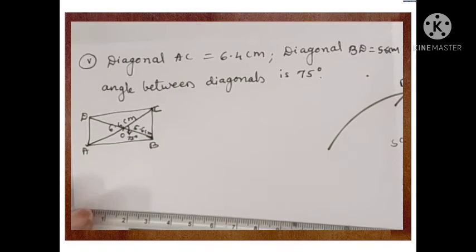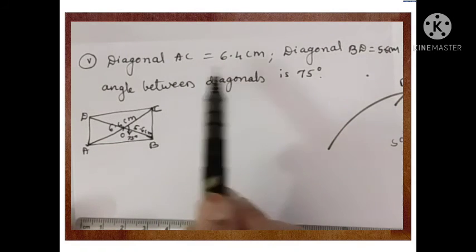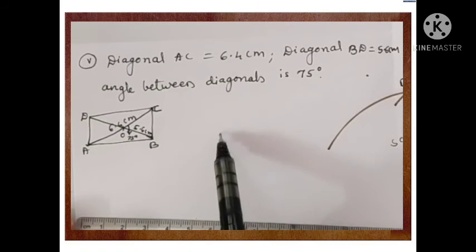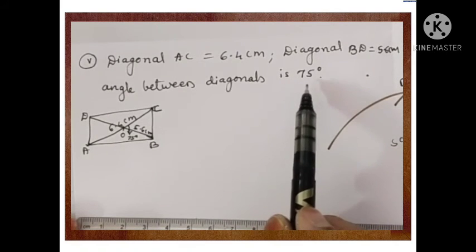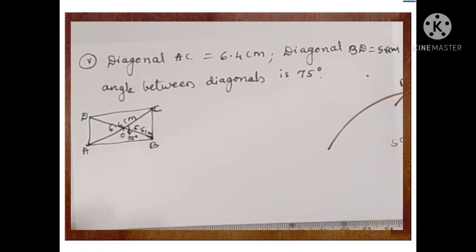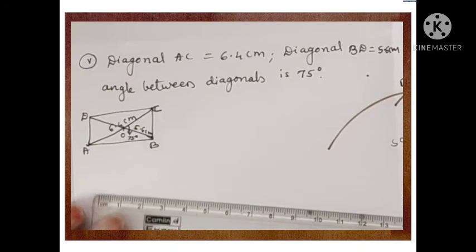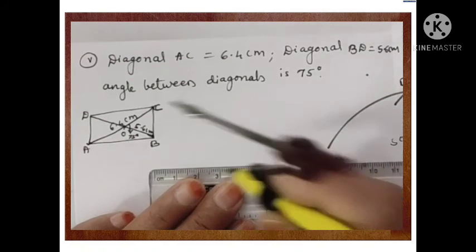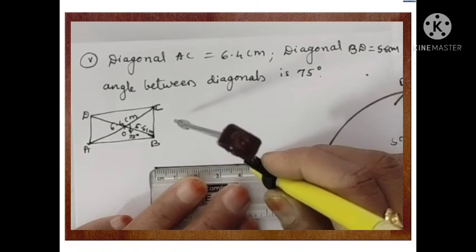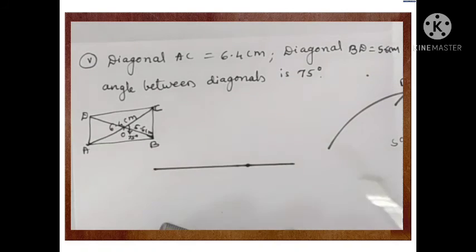Here we go with question number 2, fifth example, which is based on when both the diagonals and the angle between them are given. So here diagonal AC 6.4 cm, diagonal BD 5.6 cm and the angle between them is 75 degrees. Let us draw diagonal AC 6.4 cm.